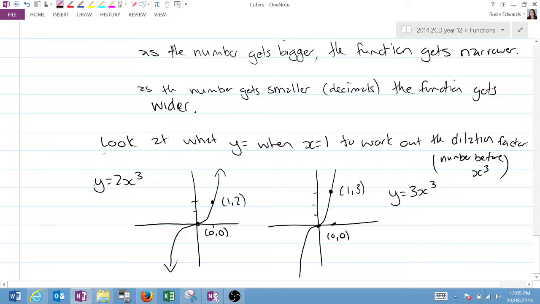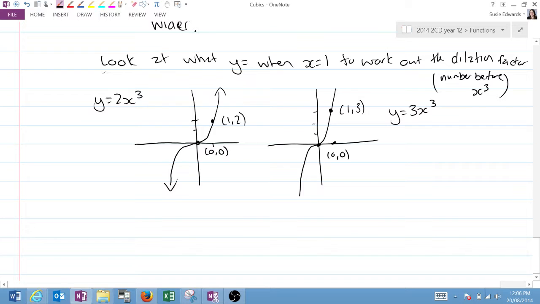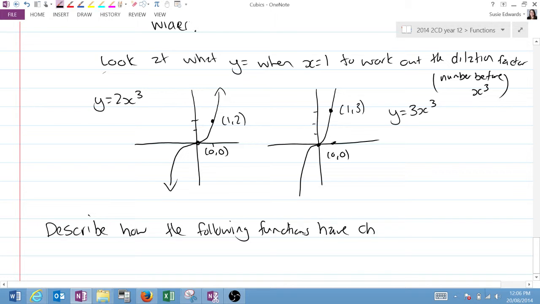So, last quick question. We're just going to quickly describe a couple of different cubics. So, describe how the following functions have changed from y equals x cubed. Okay, so you don't have to draw it, you just have to describe it.